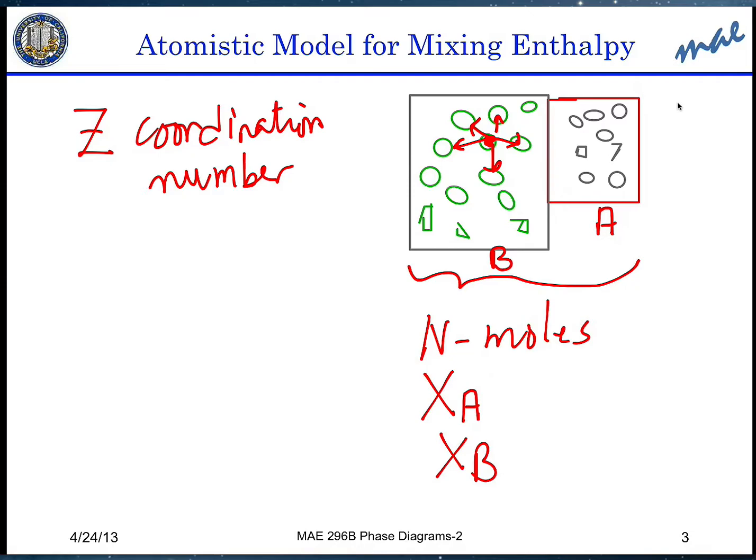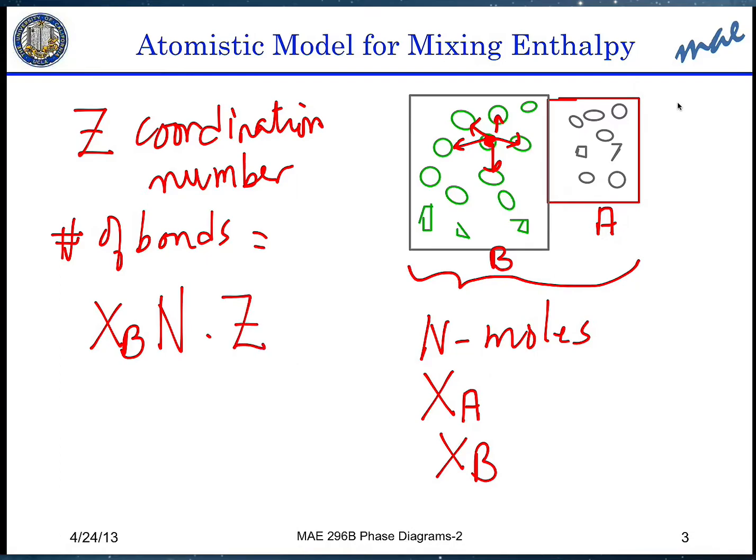So here, if we're counting the number of bonds on the B side, what we count is the total number of atoms, which is X sub B times N, times the coordination number. Each atom has a coordination number.